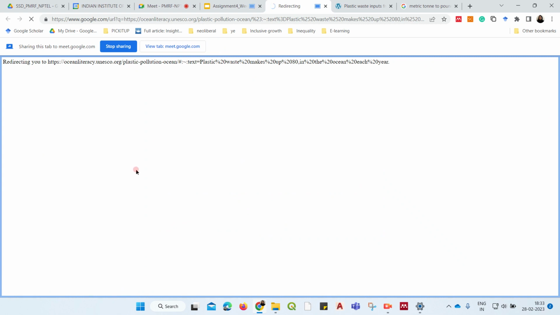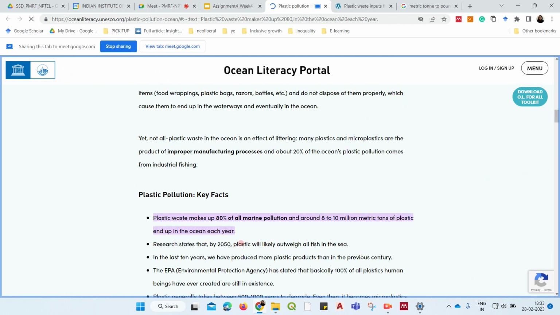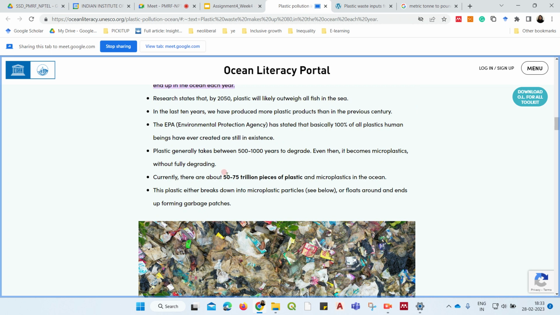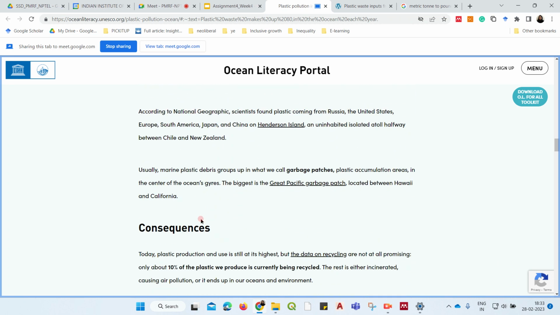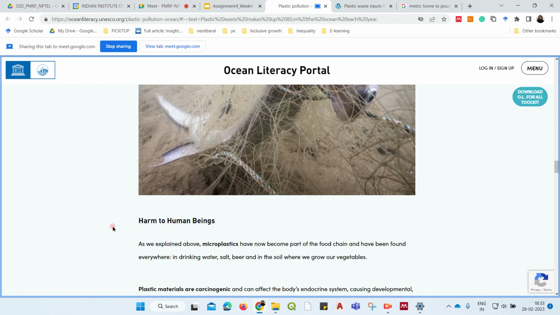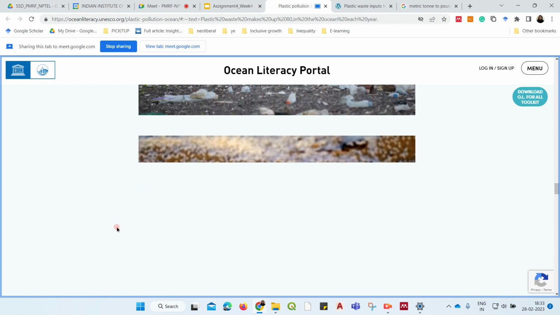Then this is UNESCO's article on plastic waste going into the ocean. You can see here they have calculated in terms of how many pieces of plastic and microplastics are going into the ocean. So you can see different metrics used by different science communication websites.